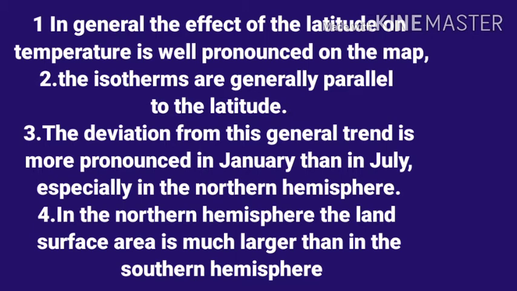The isotherms bend towards the equator on the ocean, towards the pole on continents, and vice versa in the southern hemisphere. Isotherms are more regular in the northern hemisphere in the July isotherms.